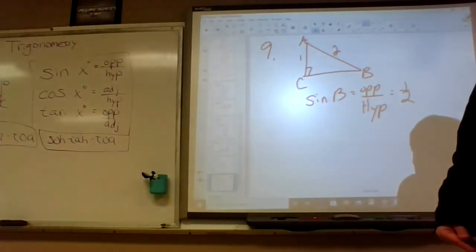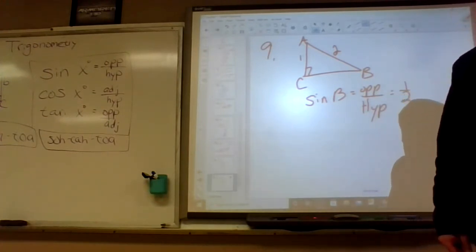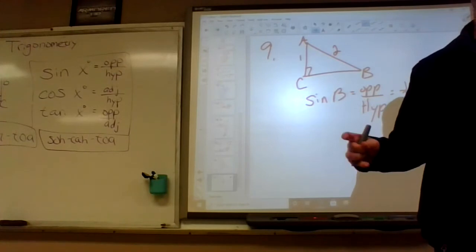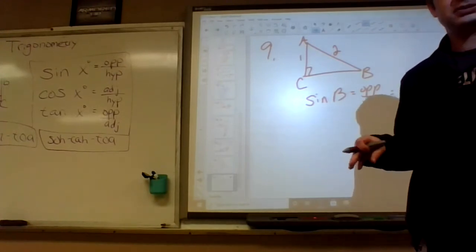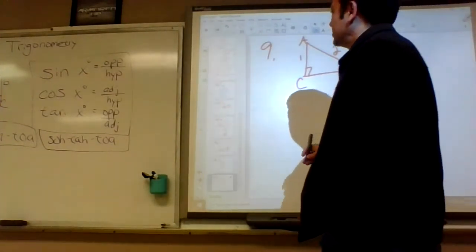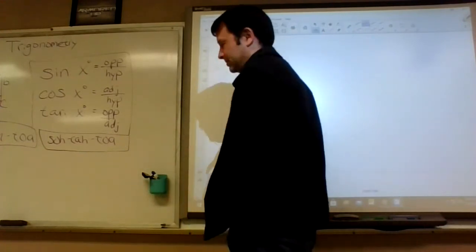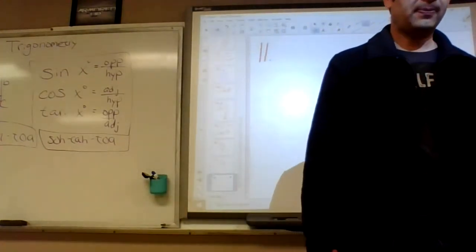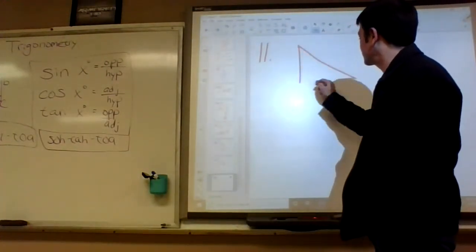Yeah. 11 through 14. This is about as far as we're going to get because each problem has like 6 problems in it. So they're worth 6 points each. So let's not get these wrong. 11. It's a 3, 4, 5 triangle from the beginning of class.